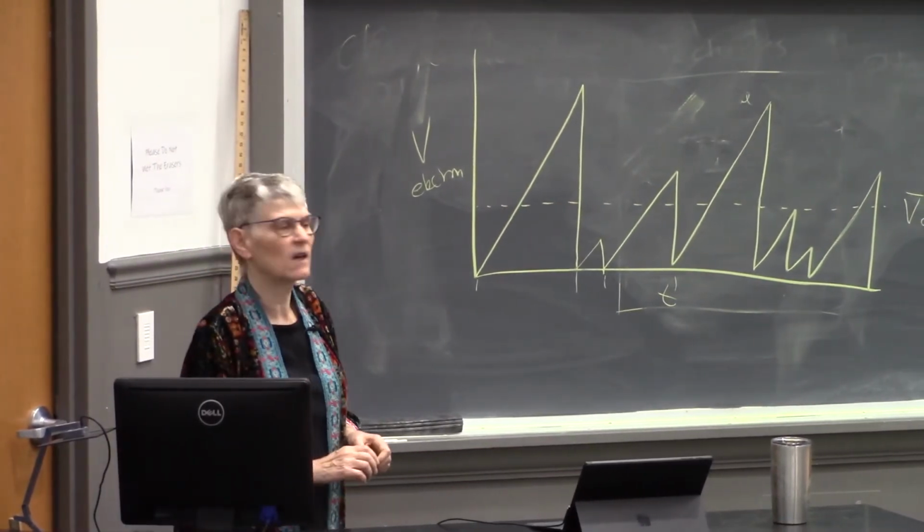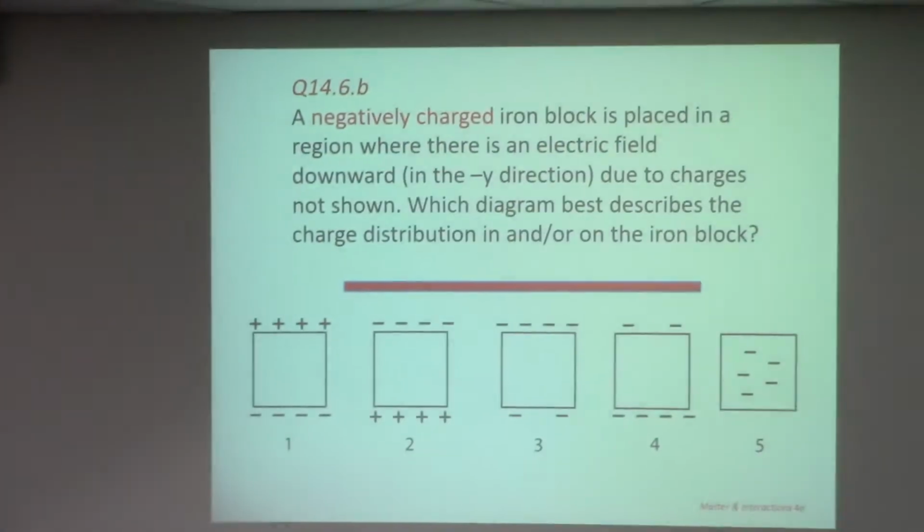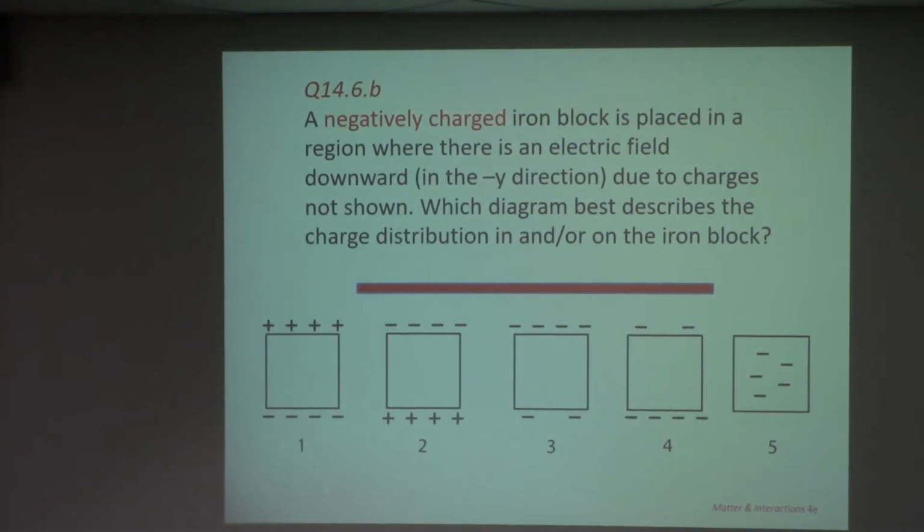Now suppose we had an iron block that started out negatively charged, and we'll talk about how we might be able to do that. And we applied an electric field in the -y direction. So how would we draw the result?